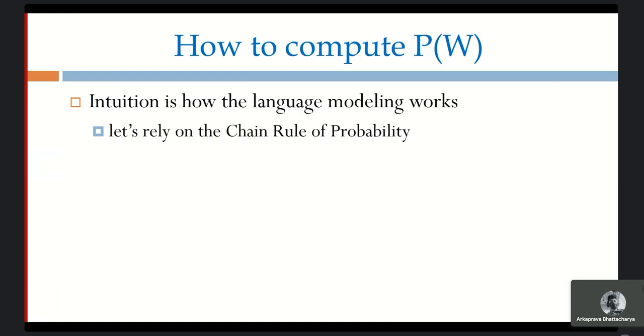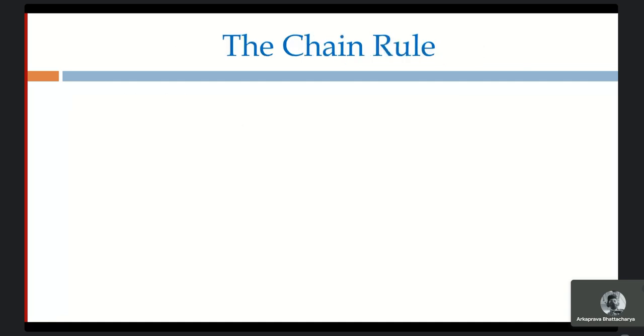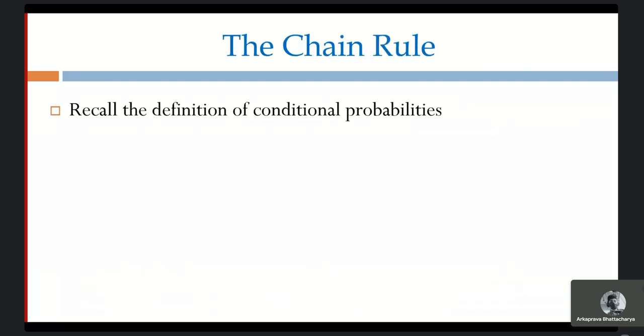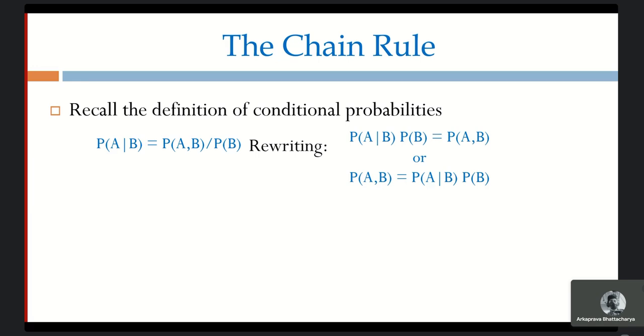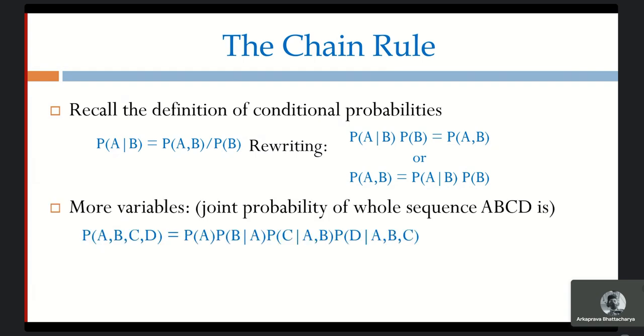This is where I can look into the chain rule of probability. I hope everyone remembers the chain rule of probability. Before that, let's recall the definition of conditional probability. The conditional probability, probability of A given B, is probability of A comma B divided by probability of B. If I rewrite them, probability of A comma B is probability of A given B times probability of B. If I have more number of sequences, because I am talking with respect to text, so definitely I'll be having more number of words.